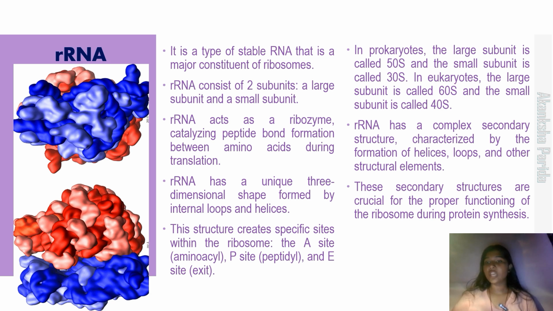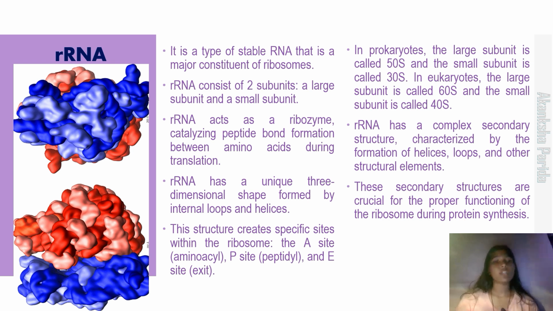In case of eukaryotes, the large subunit is 60S, that is Svedberg unit, and the small subunit is 40S. So if we talk about the small subunit, in prokaryotes it is 16 Svedberg. In case of eukaryotes, it is 18 Svedberg.